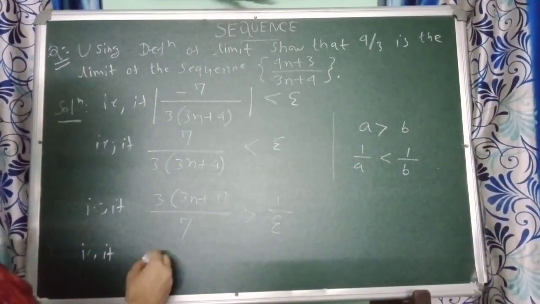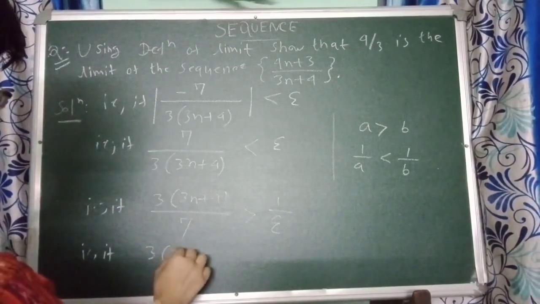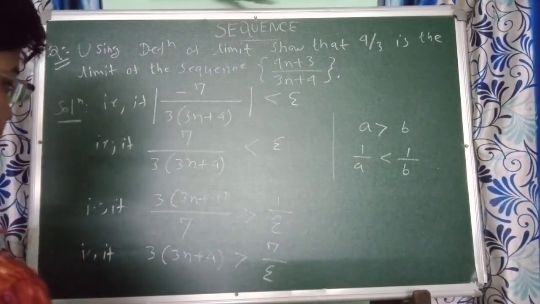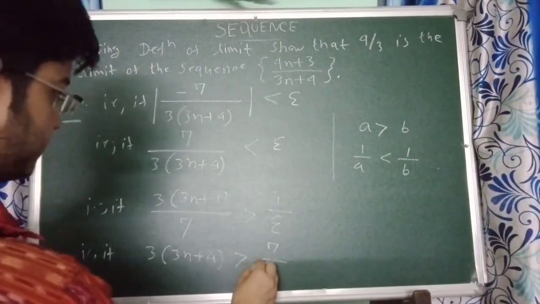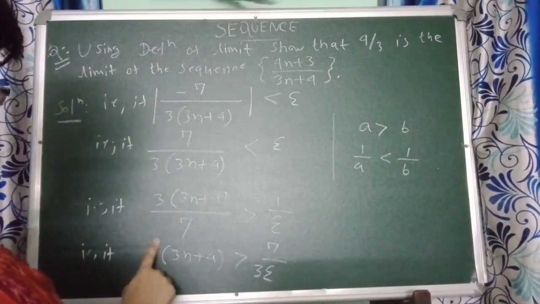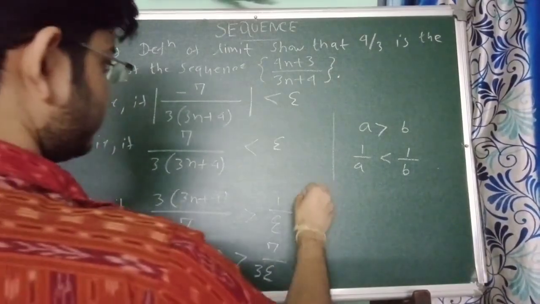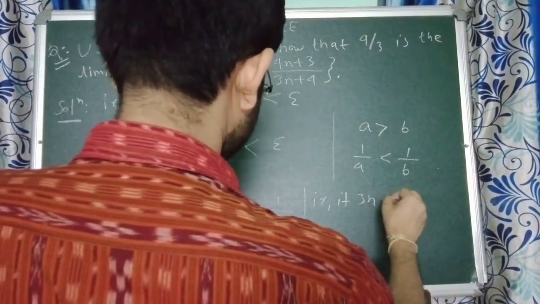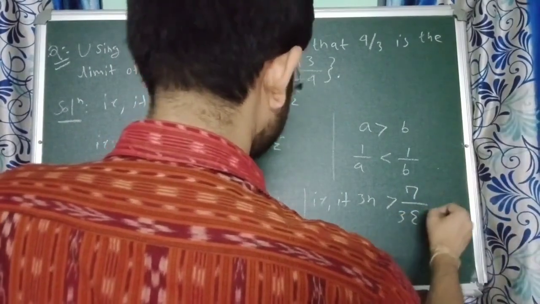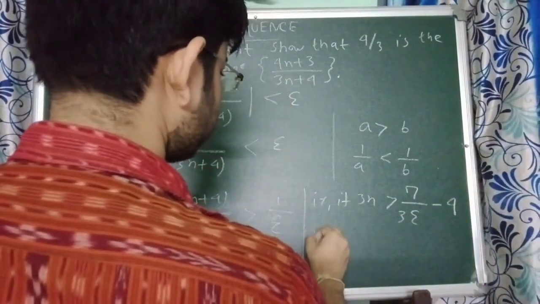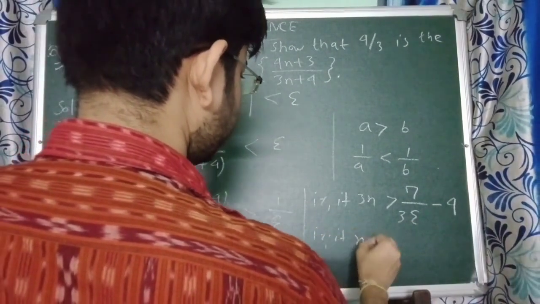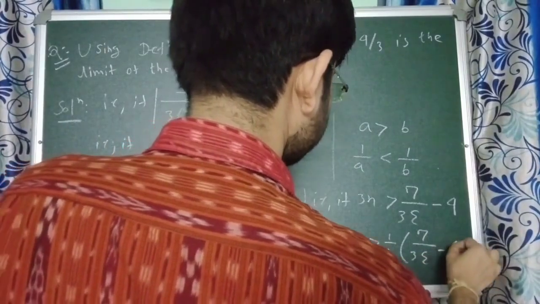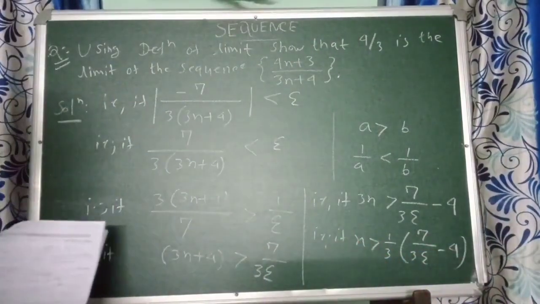That is, if 3n plus 4 is greater than 7 by epsilon, and taking this 3 in the denominator part, so you get this. That is, if 3n is greater than 7 by epsilon minus 4, that is, if n is greater than 1/3 of 7 by epsilon minus 4. This is the expression.